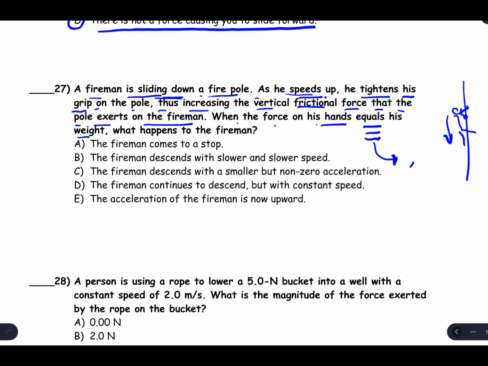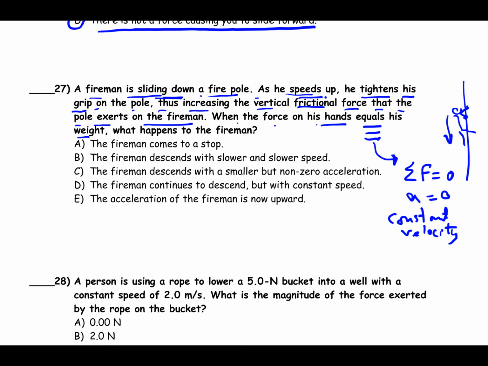The friction force equals his weight, so the net force equals 0. So there is no acceleration. Acceleration equals 0 means constant velocity, or constant speed downward. Does the fireman come to a stop? No. Does he descend with slower and slower speed?